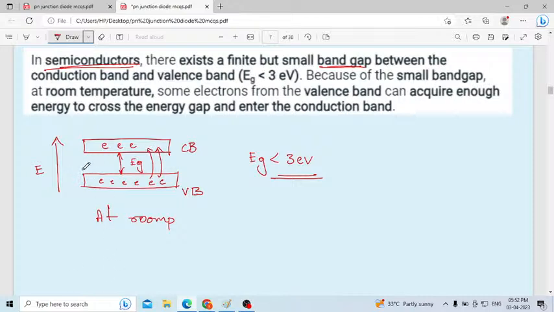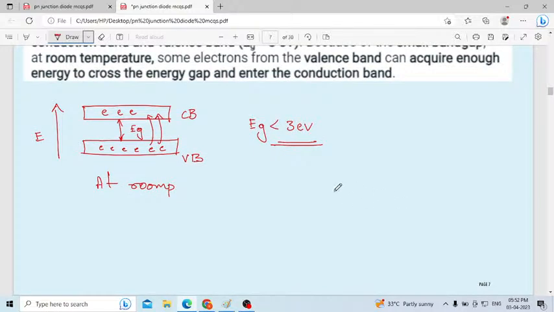Once you increase the temperature, more electrons may move, because you can increase or decrease conductivity based on the temperature. At zero temperature, no electron will move to the conduction band, so no electricity. Then at zero temperature, the semiconductor will act as an insulator. This I explained at 0 Kelvin, maybe in the last class.